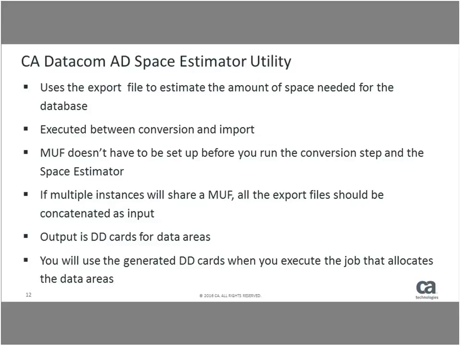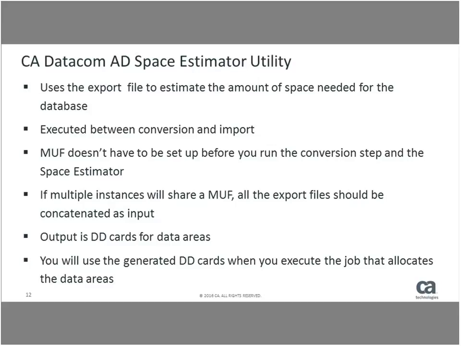There was a problem with the space estimator that was not making the trailer queue as large as it was needed. The only problem that caused was the trailer queue area of AWL in the Datacom AD database would go into extents or be made larger very quickly after you converted, even if you had used a good percentage for growth to make it larger.